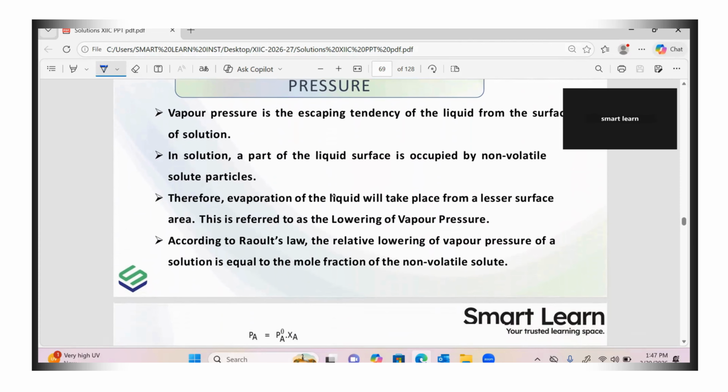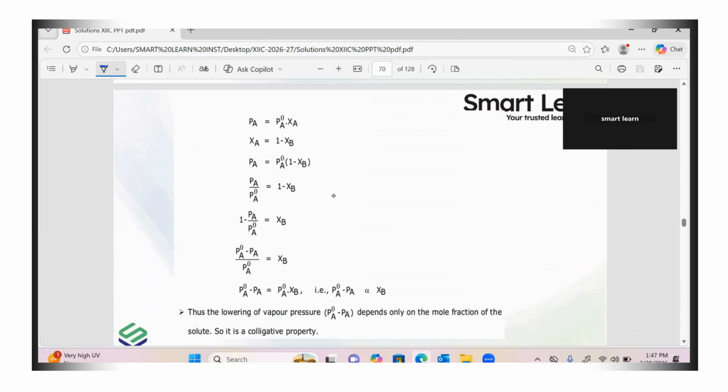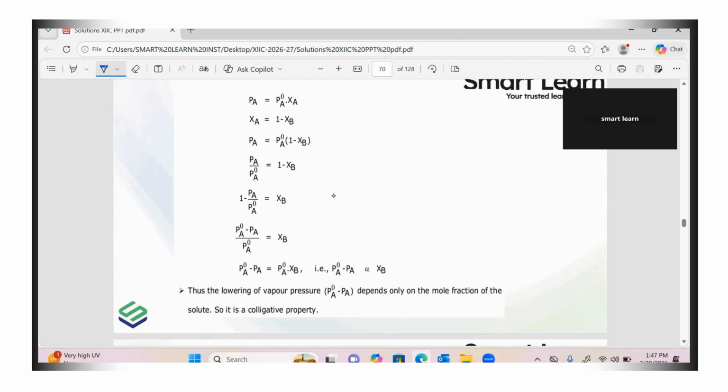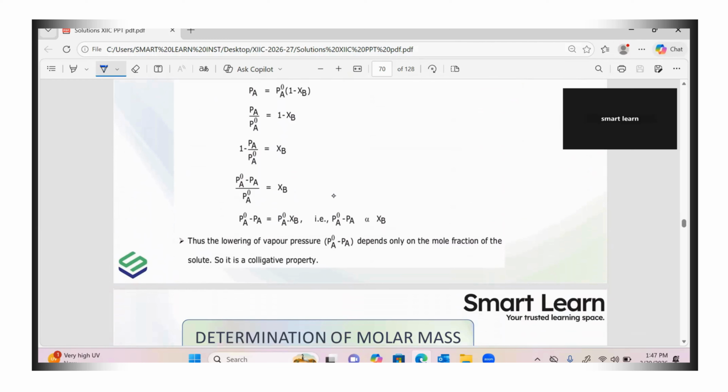So the relative lowering of vapor pressure is given by the equation. What is the equation? The final equation is (P naught minus P) divided by P naught is equal to chi of solute. From this, we can understand that the lowering of vapor pressure directly depends on the mole fraction of solute. So that's why it is a colligative property.